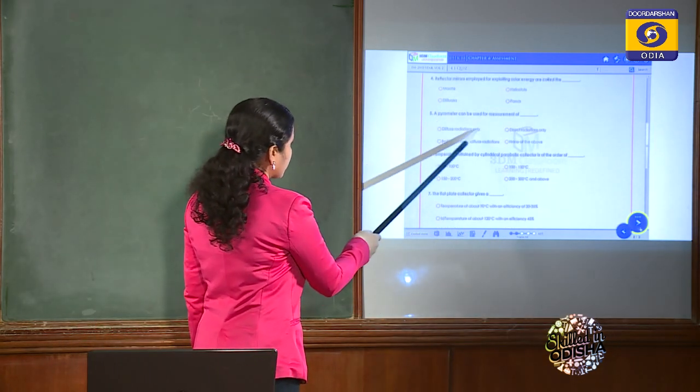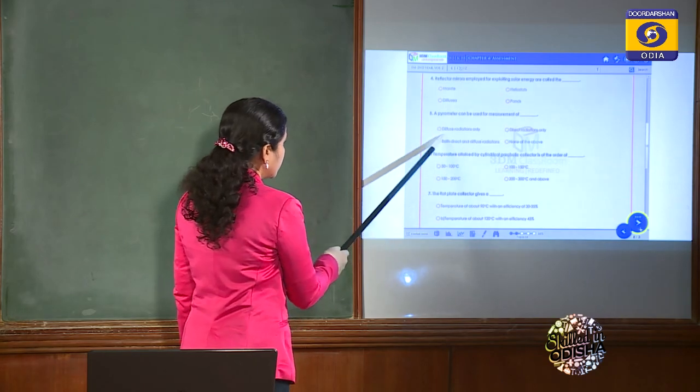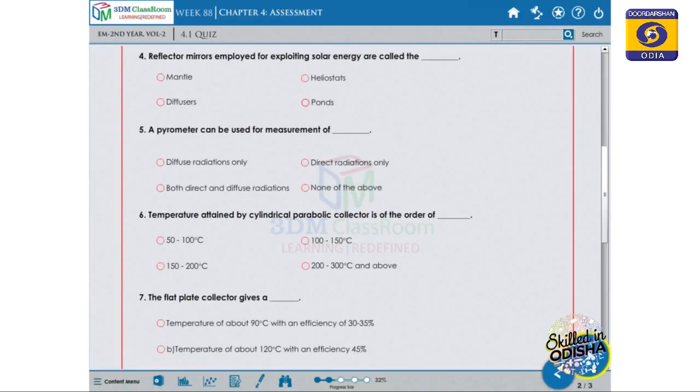A pyrometer can be used for measurement of diffuse radiation only, direct radiation only, both direct and diffuse radiations, none of the above. Temperature attained by a cylindrical parabolic collector is in the order of 50 to 100 degrees, 100 to 150 degrees, 150 to 200 degrees, 200 to 300 degrees.